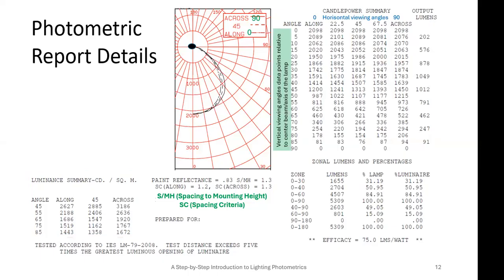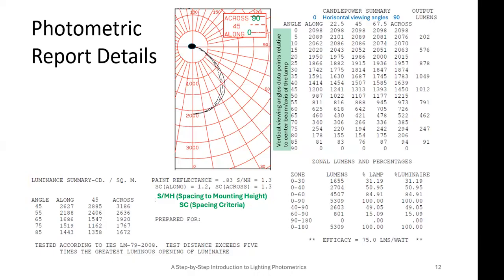Now let's go over here to this candela or candlepower distribution summary. The first thing we'll see is the blue vertical line, and we'll start up here with this angle. We start at 0, and then we go 5, 10, 15, 20, etc. All this is really just raising the angle up.